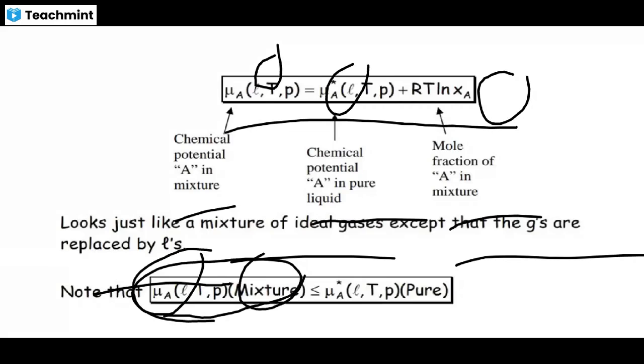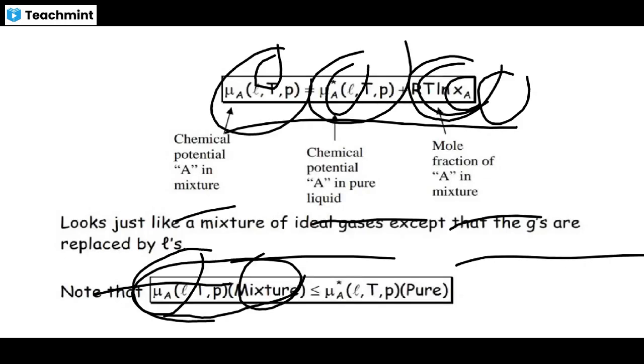Always less than. Don't forget, because here ln XA is a negative value since XA is between 0 and 1, so the pure value is always greater than this value.